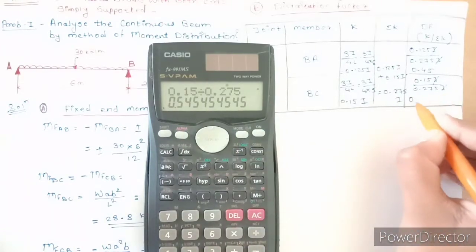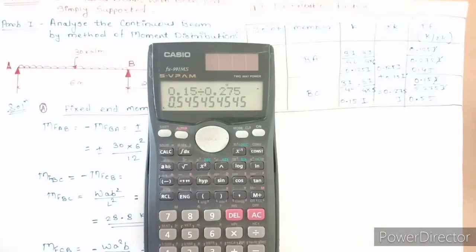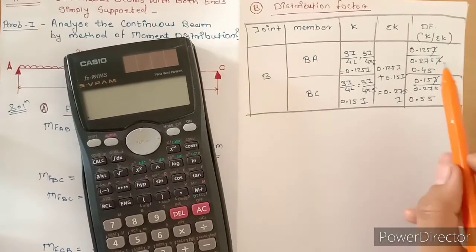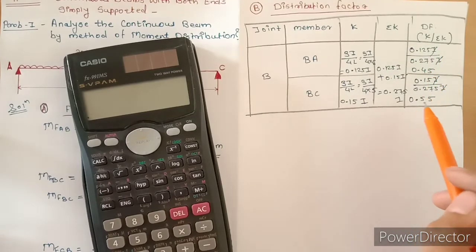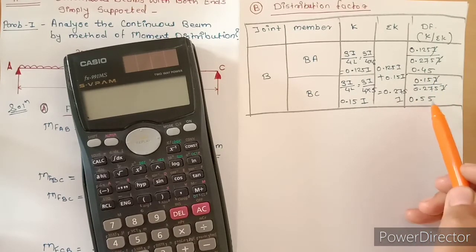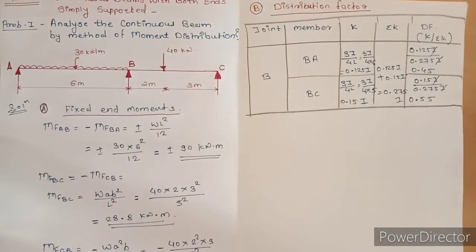That means 0.55. Here, if the addition of the distribution factors is equal to 1, then our solution is okay. That means 0.45 plus 0.55 is equal to 1. So our check is okay.